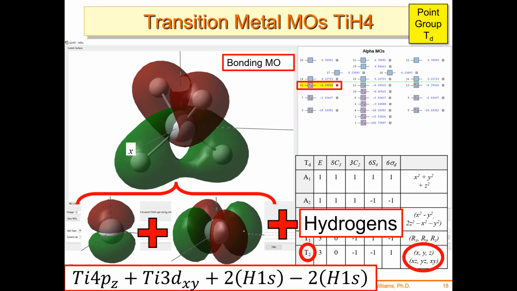I just want to sit on this for a little bit. Look at those two bottom pictures and think about what would happen if I took this red expanding region on the top of my chromium and this pz orbital and mixed it with these two red pieces. It's going to cause them to get bigger, and they're going to go up, and then they mix with the hydrogen 1s orbitals. It's going to look like that shape.